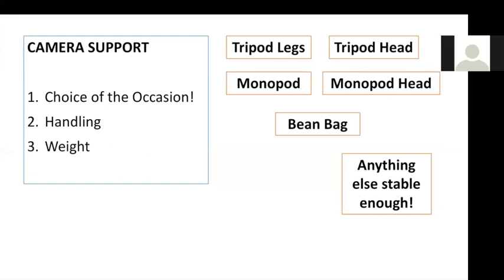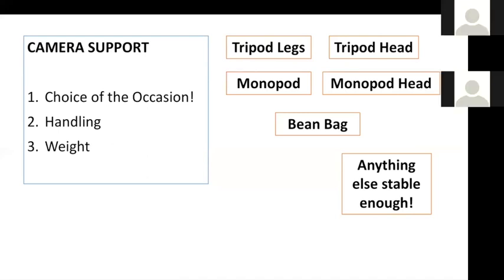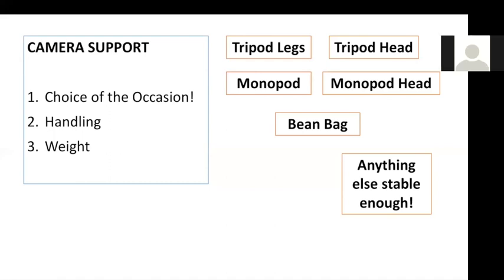So in this case, camera support, first thing, of course, how to handle your camera is important. And if you can have camera support as per choice of the occasion, of course, you should always emphasize using camera supports. Of course, when I select my camera support, it is always choice of the occasion.